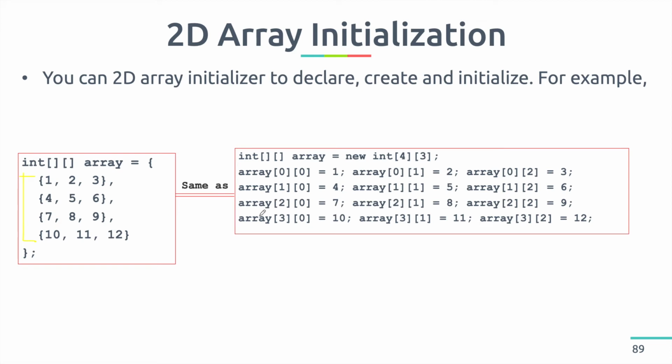Both of them are equivalent. Usually we like to see this one because it's very simple, it's easy on the eye, it's very easy for readability, but this one is also correct.